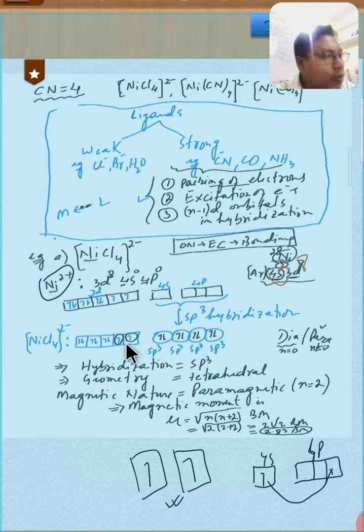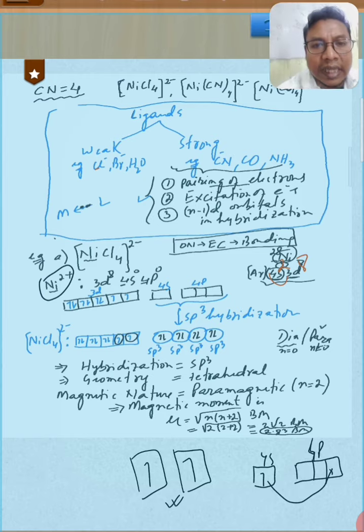The 2 unpaired electrons will remain as such; there will be no pairing of these two electrons, because the ligand is a weak ligand. So in this case, hybridization will be sp3.